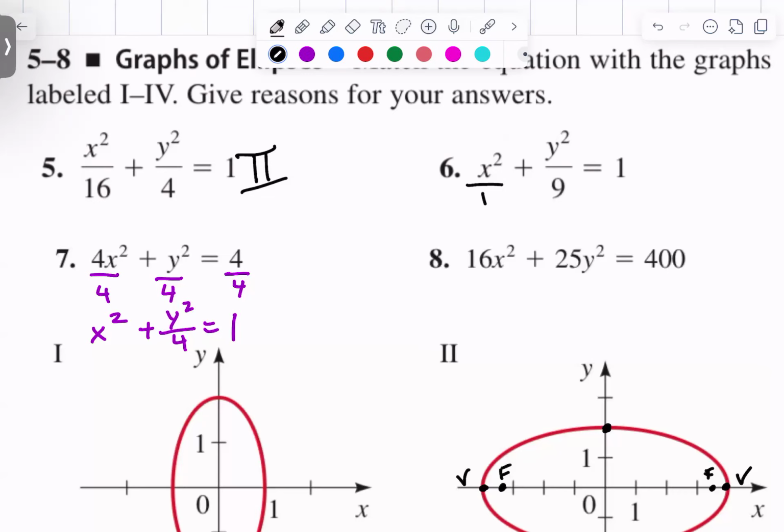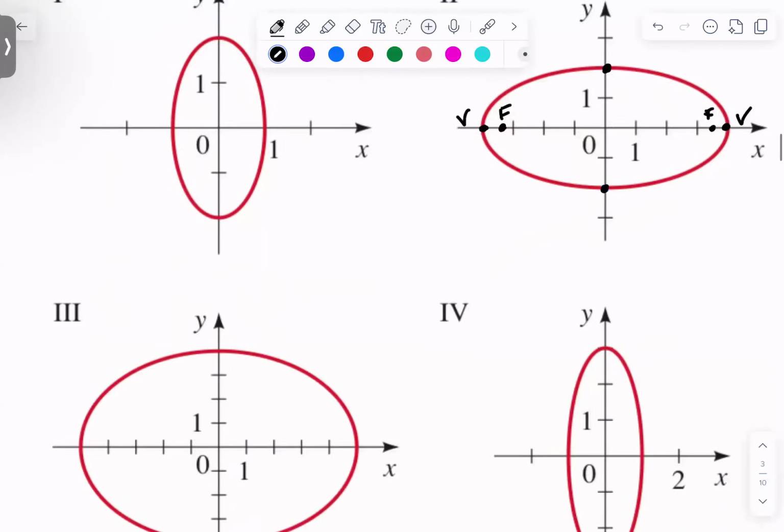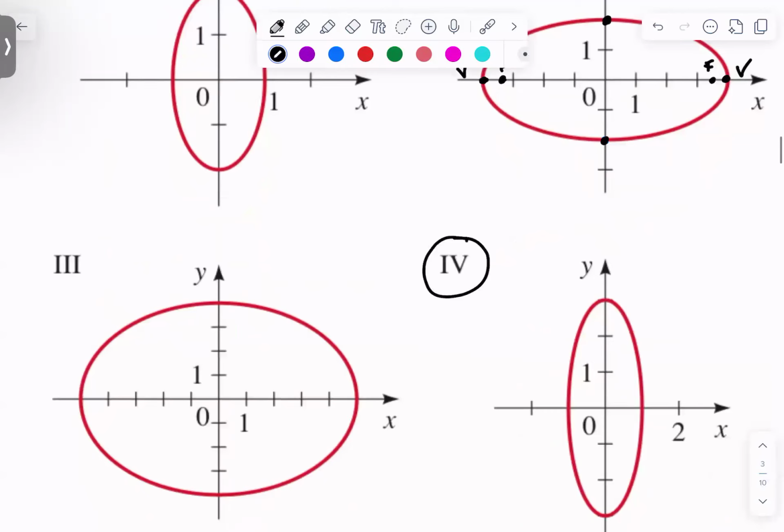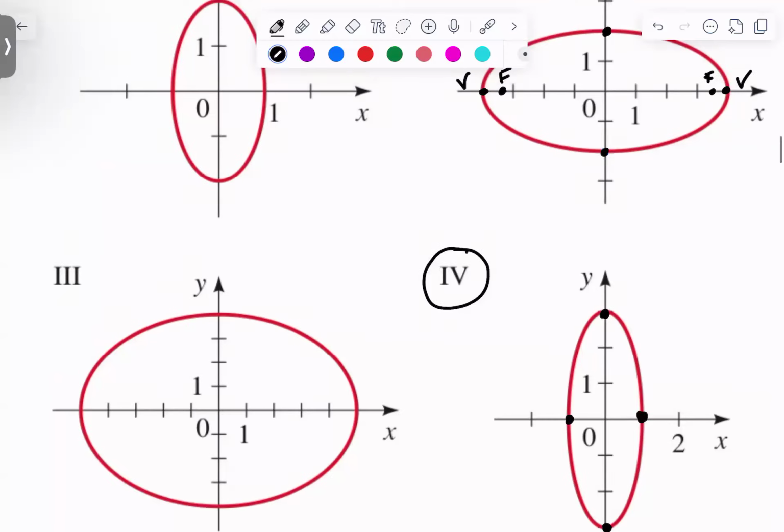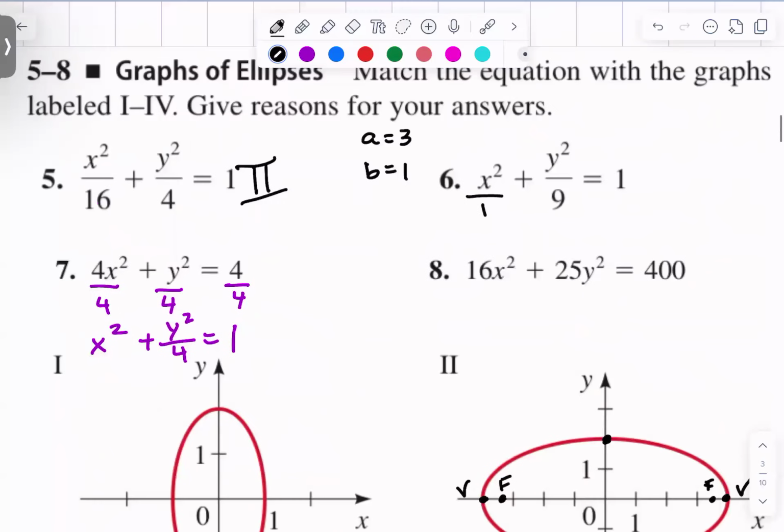Okay, where my A value is 3, my B value is 1. So here, just look for 3 and 1. It's number 4. Yeah? Does that make sense? Because I got positive 3 and negative 3, negative 1 and positive 1. Okay? So this one is 4.